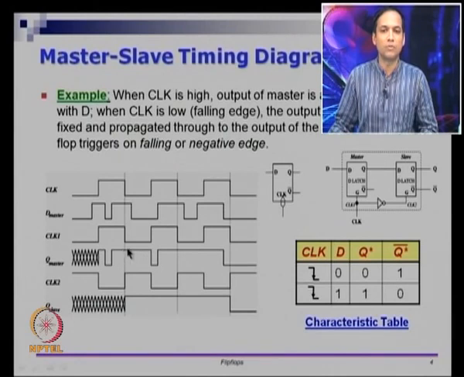So Q of the master is remaining stable. Finally again this CLK comes on, which means CLK1 also comes on. When CLK comes on, at the positive level it starts with 0, goes to 1, then stays 1 till the clock is on, right. You will see that happening in Q also.